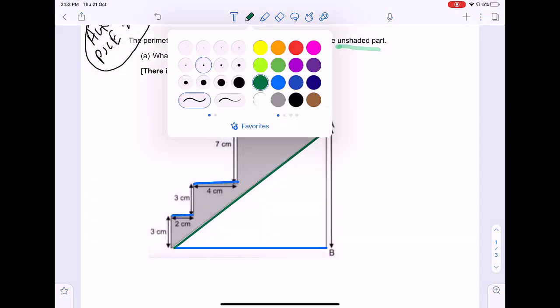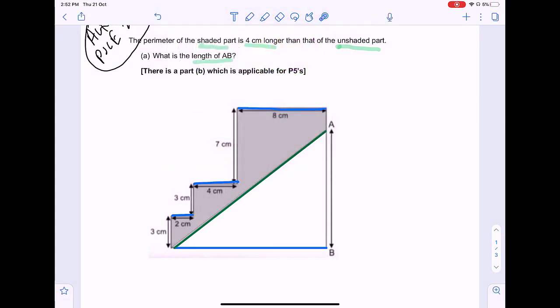The diagonal line will be the same, because this part will be part of the perimeter of the unshaded portion, and this part will also be part of the perimeter of the shaded portion as well.